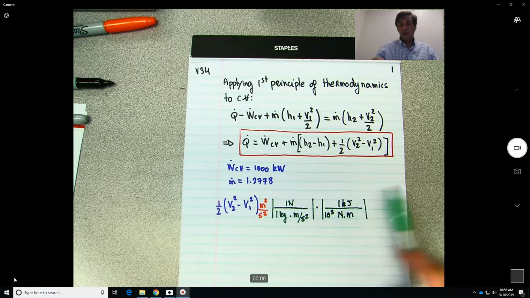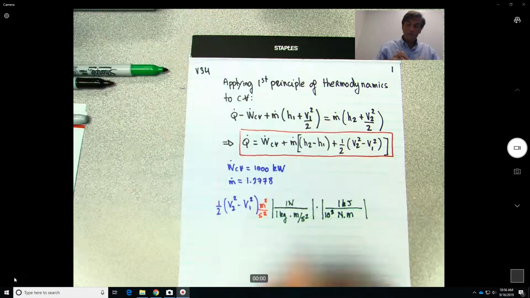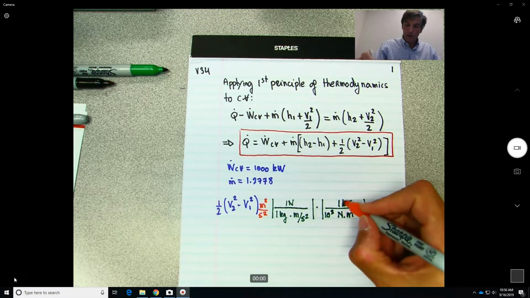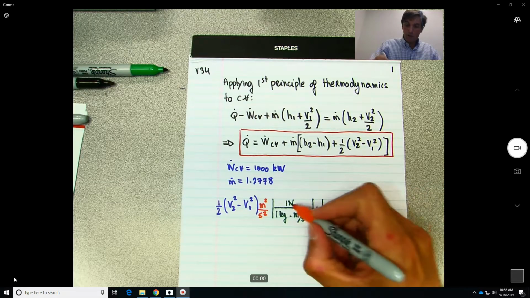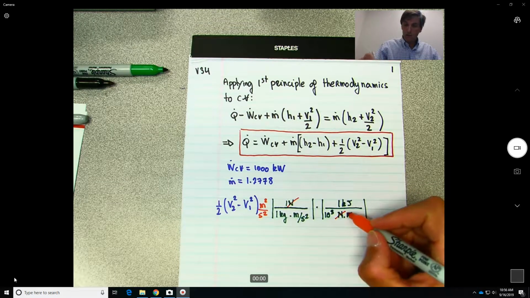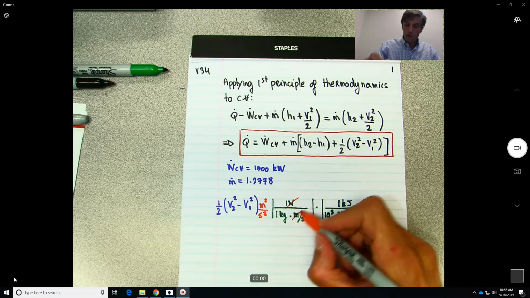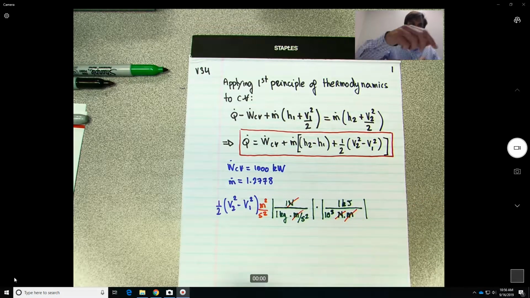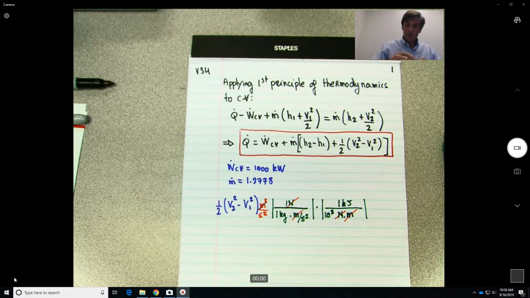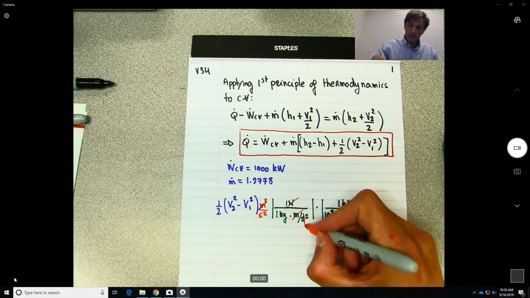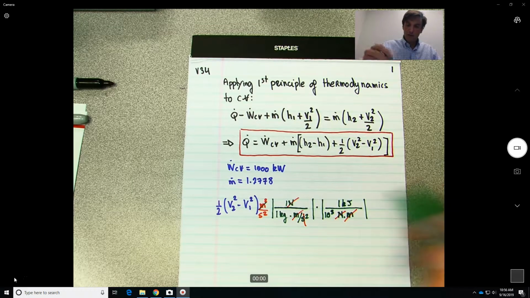Okay, and then okay. So you see that here we'll have the newtons cancel the newtons, the meter squared cancels this one over here, this second squared we cancel with this one, and we are left with kilojoules.